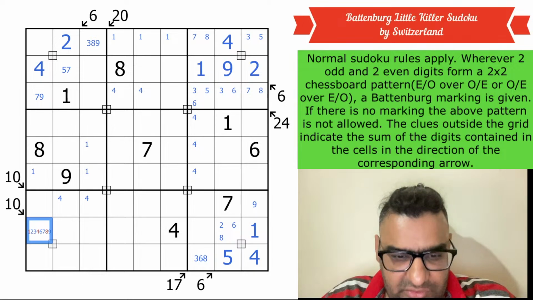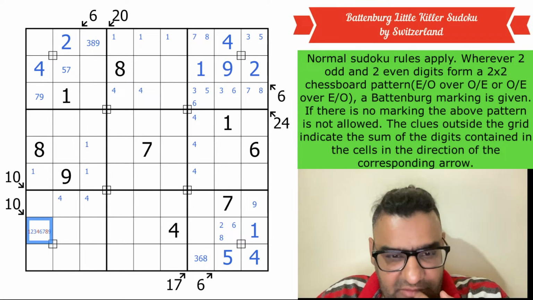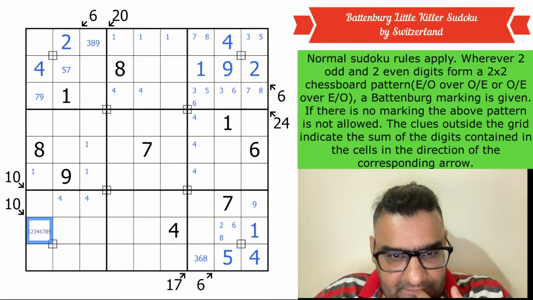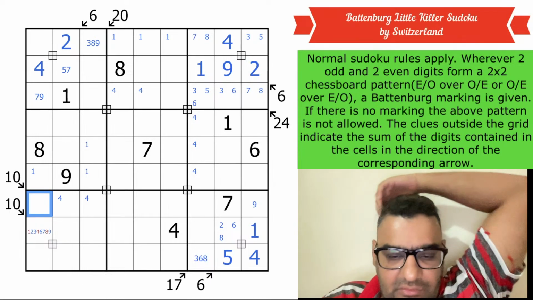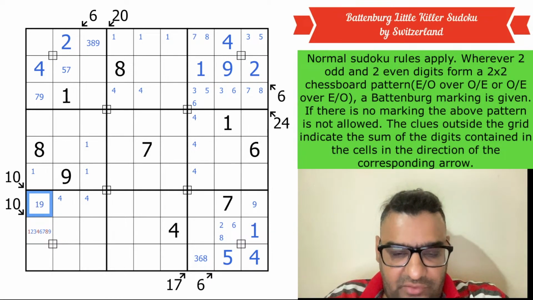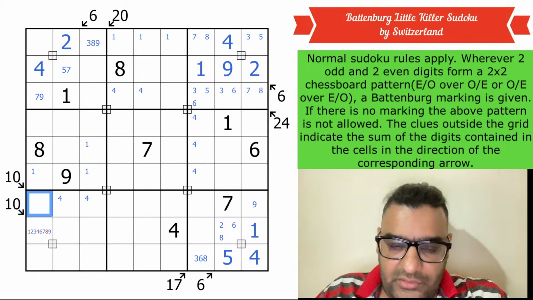And for this 10, we cannot have a 9 here. For this number, we cannot have 9 and 1. No, sorry. Where would that third number go? So 9 is not there, 1 is not there.